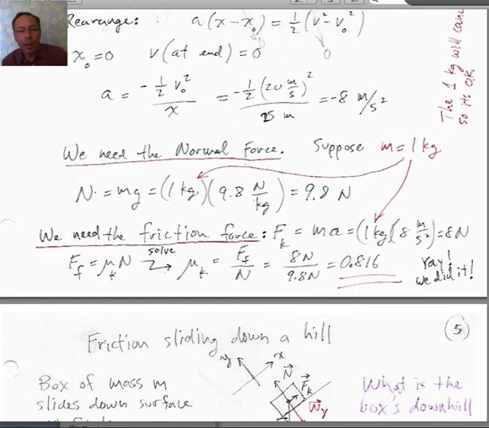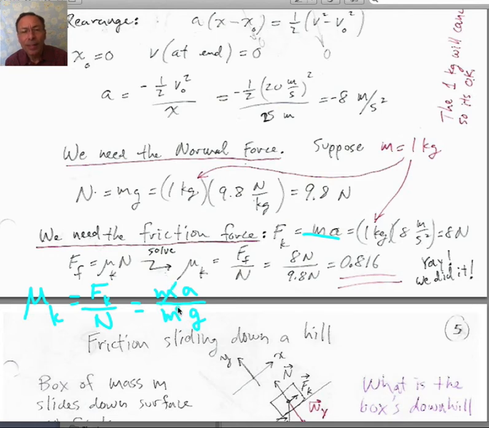So what we have is that mu k, which is the friction force over the normal force. Now, this friction force is equal to mass times acceleration, right? That's this over here. And the normal force, which is equal to the weight, is the mass times gravity.